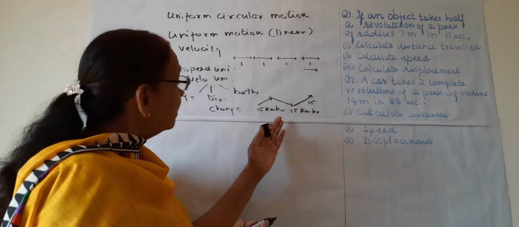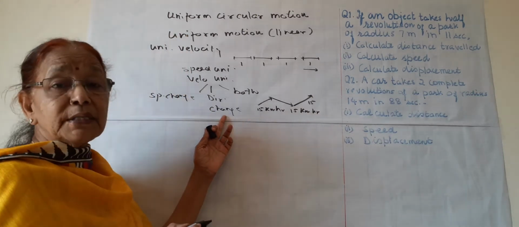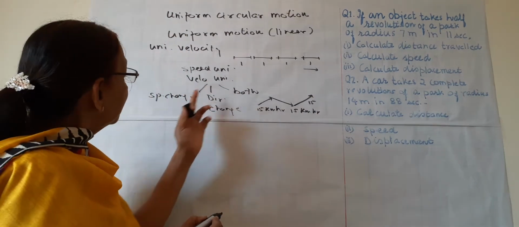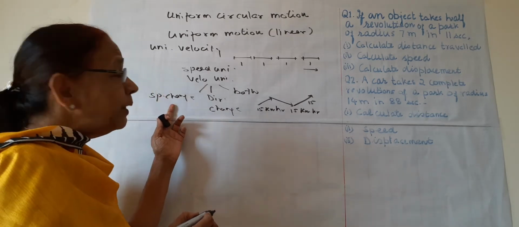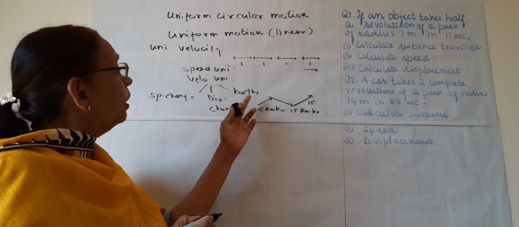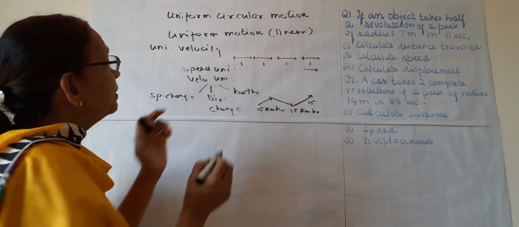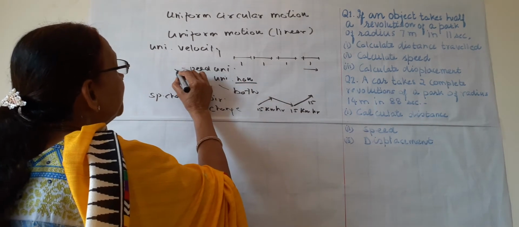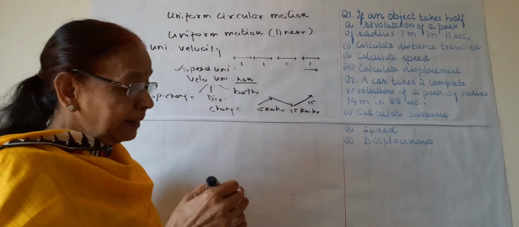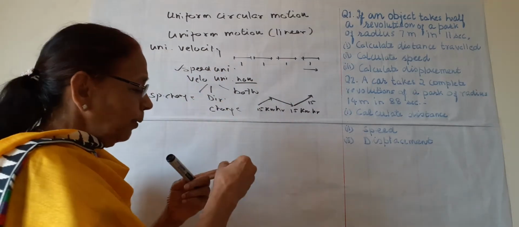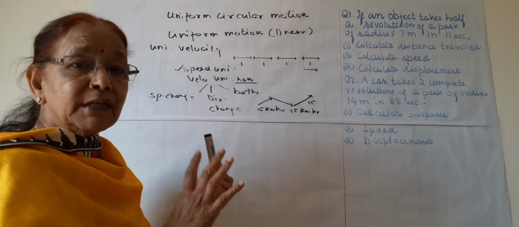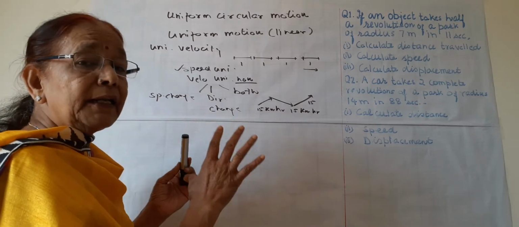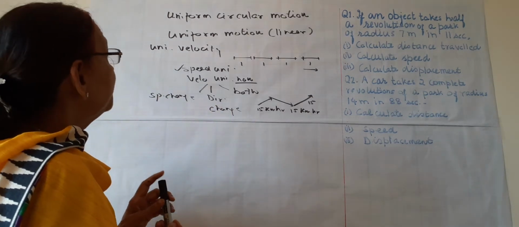Why is velocity changing? Because the direction is changing. So velocity can change by change in speed or change in direction or both. Then the velocity will be non-uniform, but speed may be uniform. This is with reference to linear motion. We have discussed this in detail in past videos.